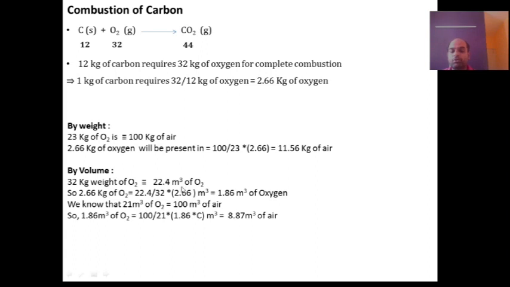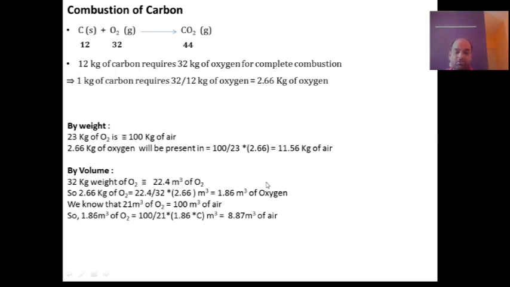Now this is in kilograms, so that is in mass. Now by volume, 32 kilograms weight of oxygen occupies 22.4 meter cube. So 2.66 kilograms will require 22.4 by 32 into 2.66, which will be 1.86 meter cube of oxygen.